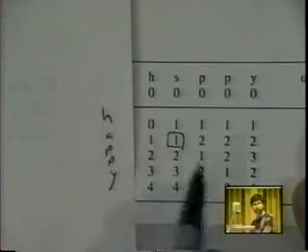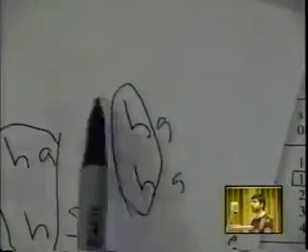There are 3 possibilities for what I could do. I could figure out the cost of matching HA to an H, and then delete that S. Or I could take HA to HS, figure out the cost of editing H to H, and then pay the cost of my substitution.